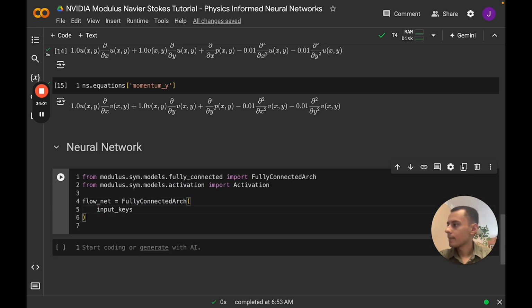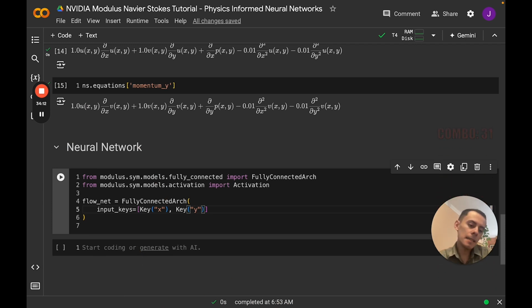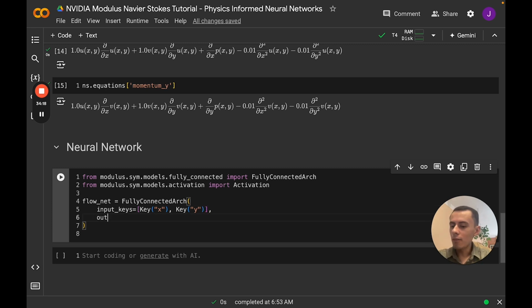Input keys, key X, key Y. Again, this is the input of our problem, the domain, right? The domain is the input, or input coordinate X and Y. Then we have the output keys, what we don't know, U, the function we don't know in the partial differential equation problem. For a given X and Y, actually there must be one U, right? That's another way to think about it.